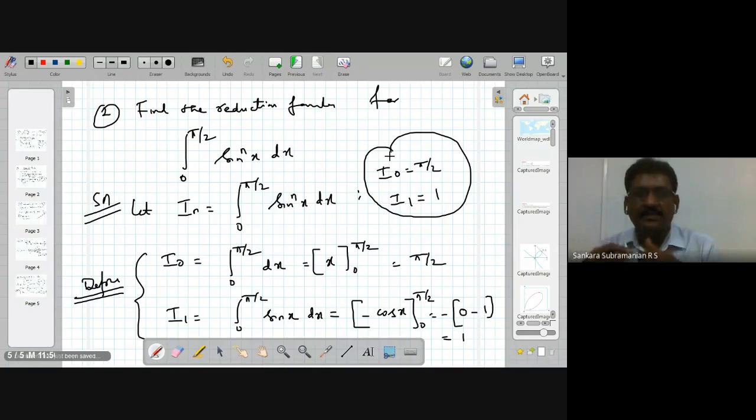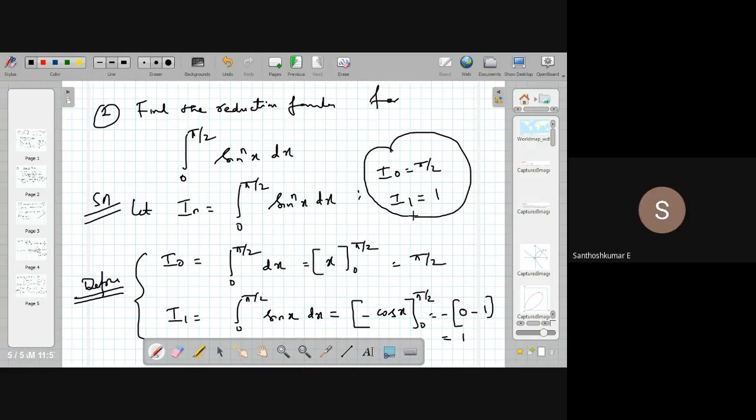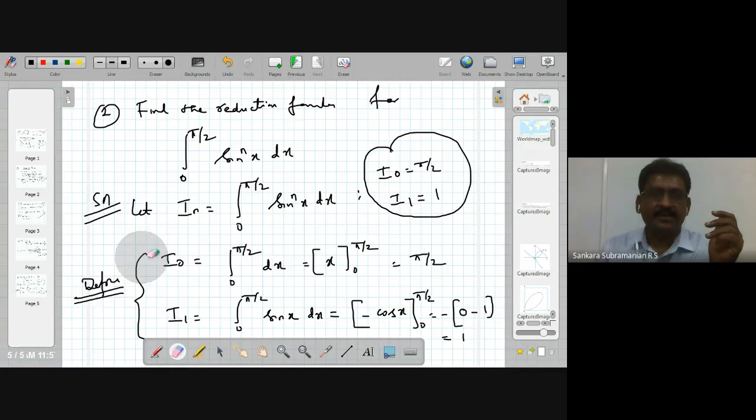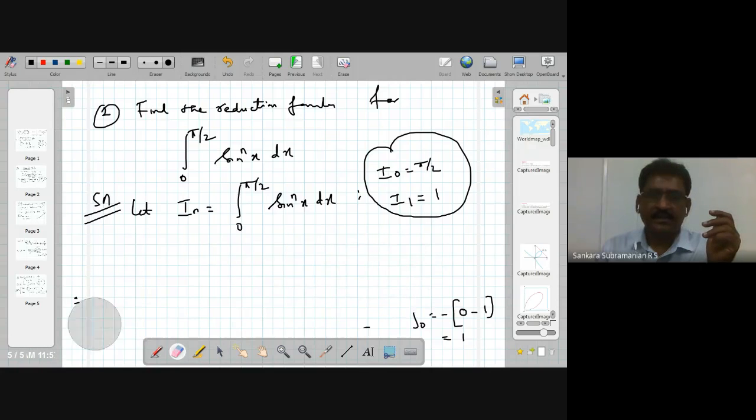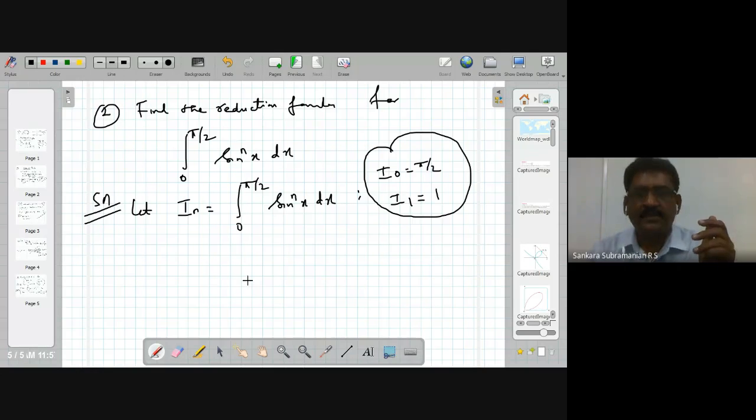Because sin power 13x dx கேட்கலாம், sin power 17x dx கேட்கலாம். அது reduce ஆயிட்டு வர்றப்போ ஒரு டயத்துல வந்து I_0ல நிக்கும், I_1ல நிக்கும். That depends on n is even or odd. அதை example வச்சு பார்த்துக்கலாம். Before that we come to the process.